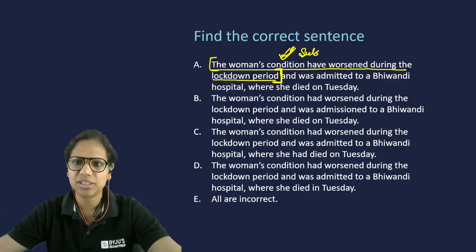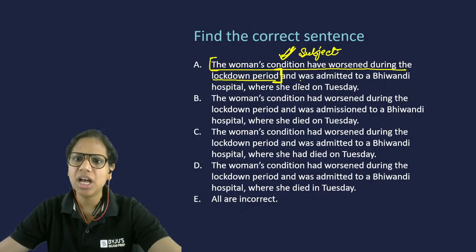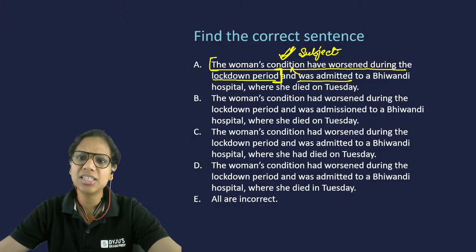Condition is the subject. Then when I say and was admitted, again I'm not giving the subject here. That means I am implying that this is the subject for this particular phrase as well. So, and was admitted. So, was the condition admitted? No. So, all of these are incorrect.